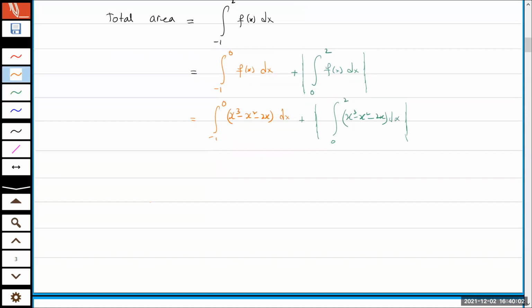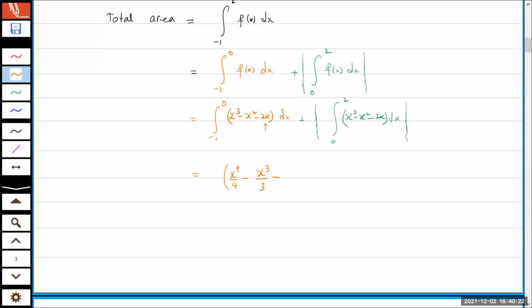Now I do the antiderivative using the power rule. This will give me, first term, x cubed over 3. Sorry, my bad. Adding 1, so x to the 4 over 4. Negative, this is x cubed over 3, second term.